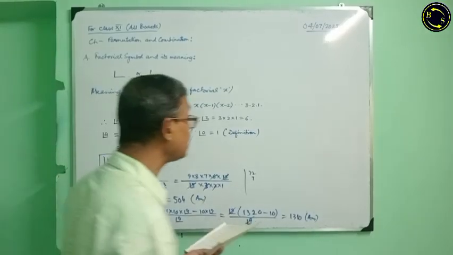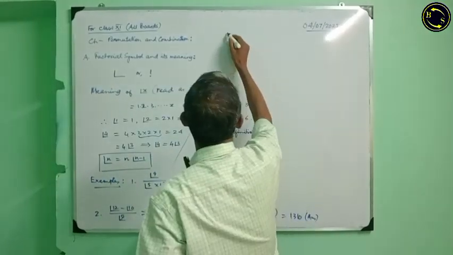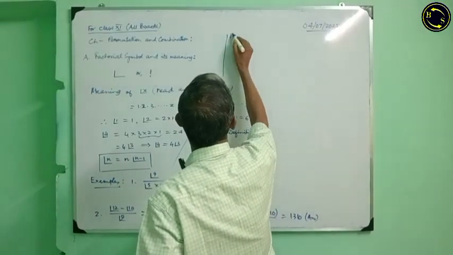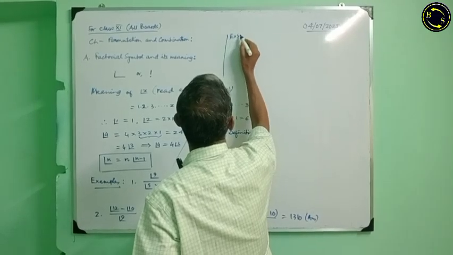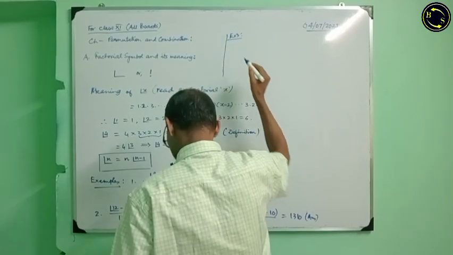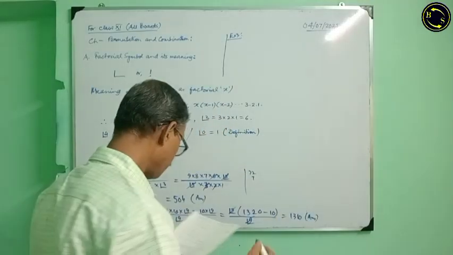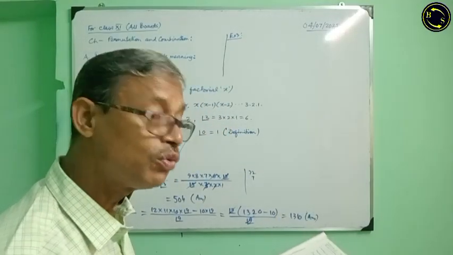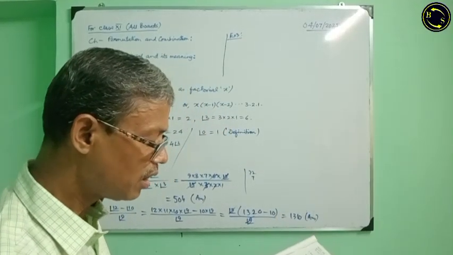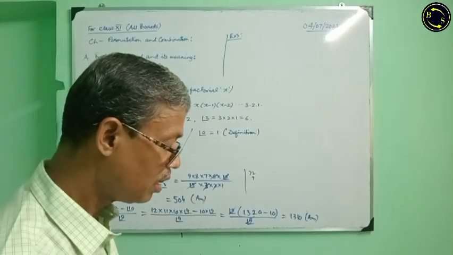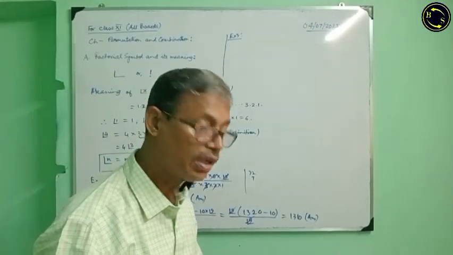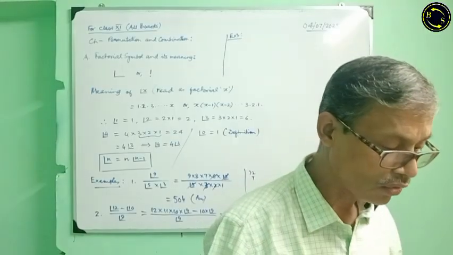Now example 3. We are going to express the given product using factorial notation.